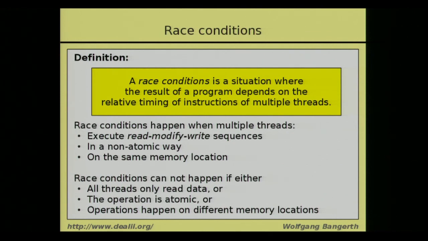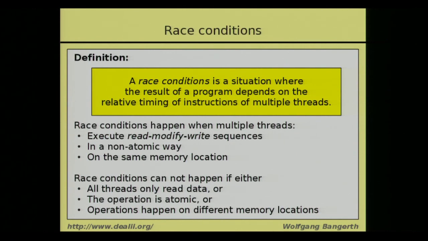Right? Similarly, if the operation is atomic, so if we could, within one clock tick, for example, add to a location in memory without reading the data onto the processor, adding it there, writing it back, if we could do this, then either thread 1 would add to it first, or processor 2 would add to it first.